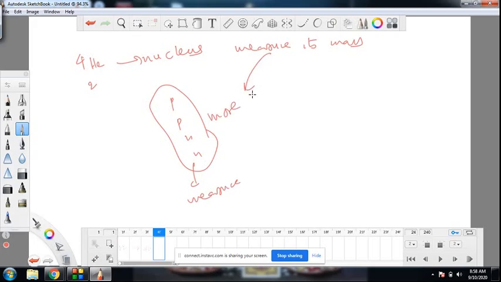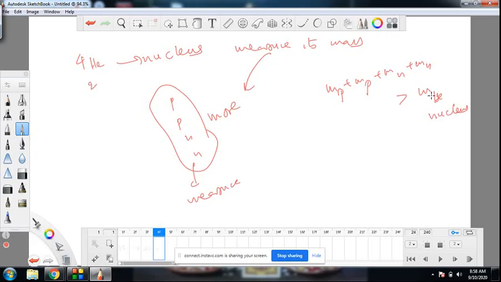It is always found like this. Always the individual masses of protons plus neutrons is more when you add them than the mass of the nucleus. That means you add mass of proton plus mass of proton plus mass of neutron plus mass of neutron. This will be more than the mass of the helium nucleus.